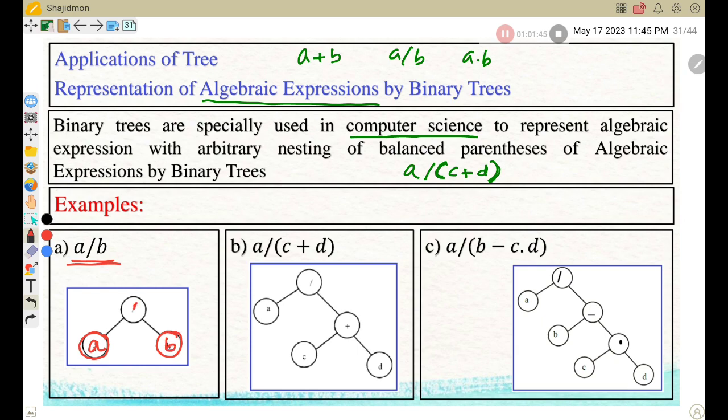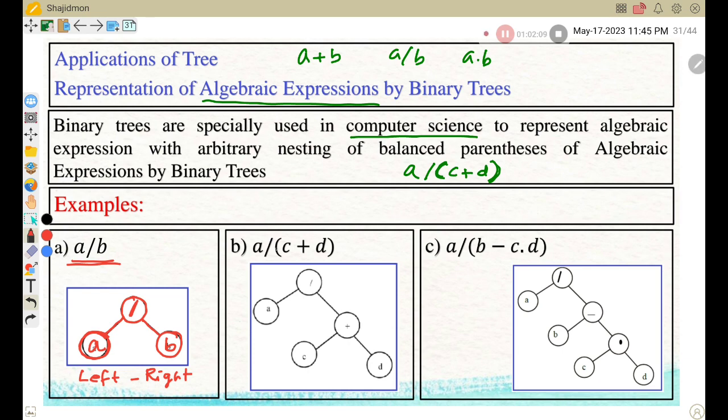The root vertex we represent by divide. We need to read left to right. How are we reading then? A, then divide, then b. A divide b. So like that we can represent algebraic expressions by using binary trees.